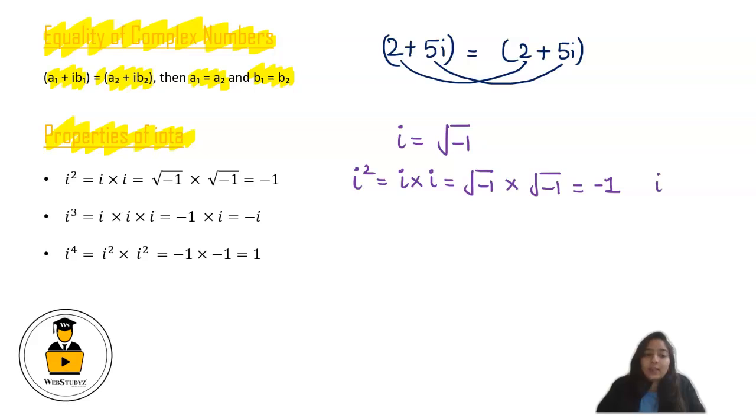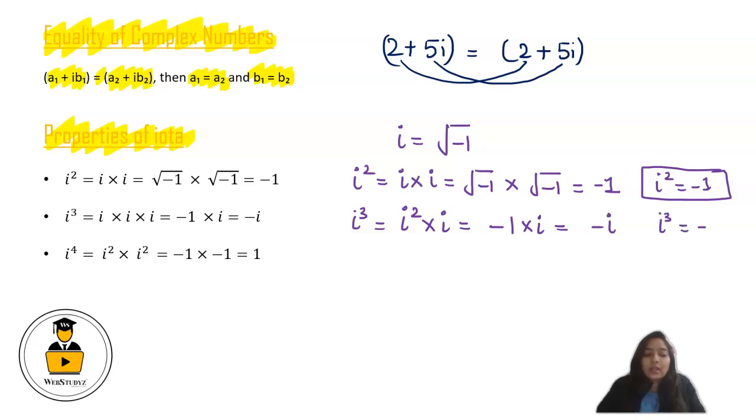So we can say iota square is equal to minus 1. Now we will find the value of iota cube. This can be written as iota square multiply iota, and the value of iota square is minus 1, multiply iota. This is equal to minus iota. So we can say iota cube is minus iota.